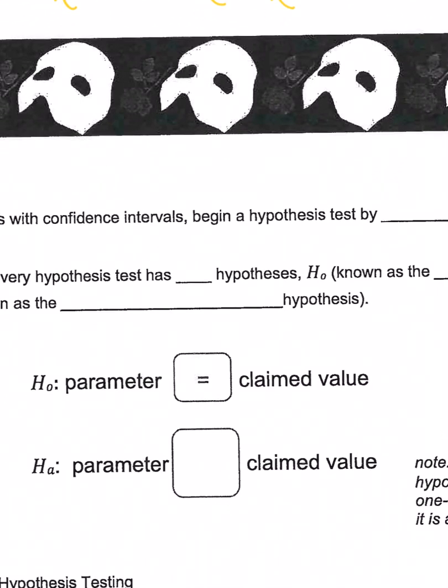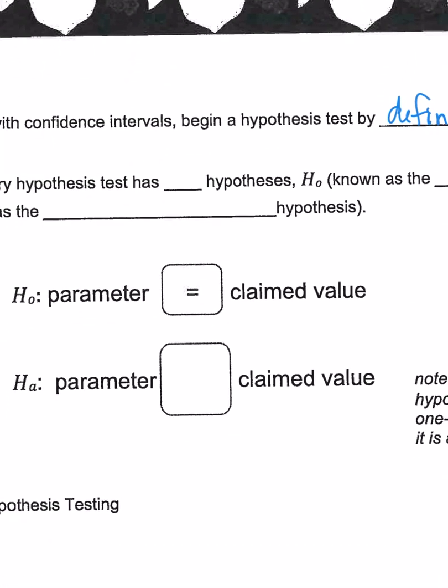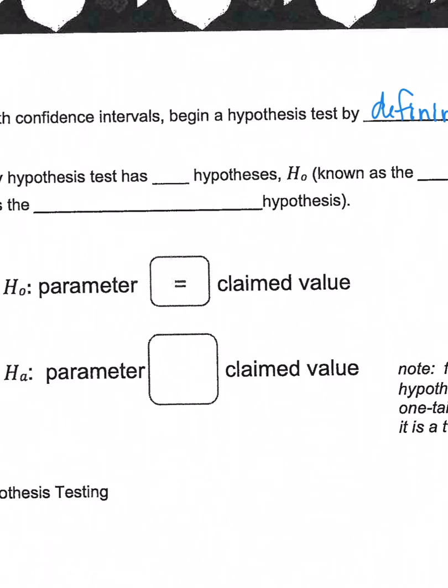We begin, as with confidence intervals, by defining the parameter. Every hypothesis test has 2 hypotheses. Why 2? Because you've got the one that you're hoping is the truth and then the alternative. The null hypothesis.